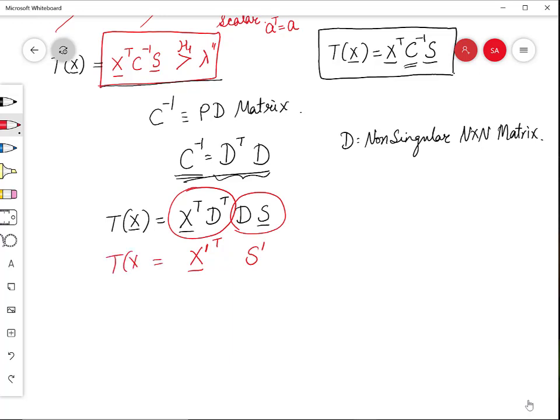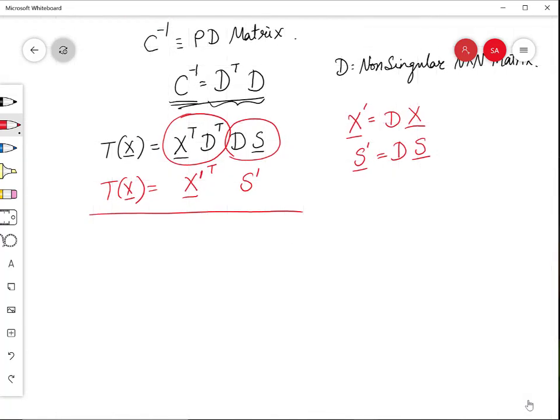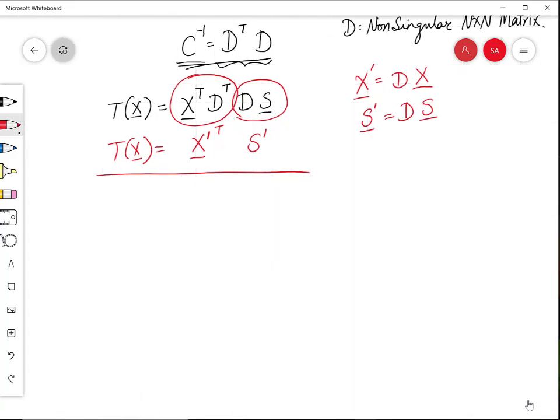So my test statistic becomes X dash transpose S dash, where X dash is D multiplied by X, and S dash is D multiplied by S. So when you take the transpose, these two interchange.